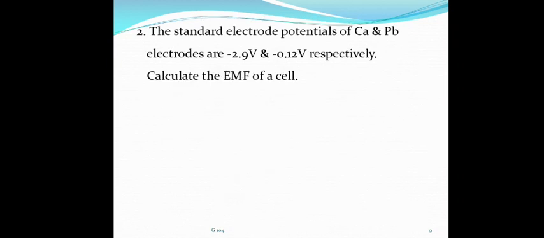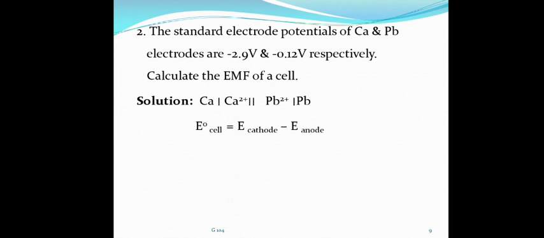Standard electrode potentials are given again. The same thing. Calcium and lead are given. Calcium is minus 2.9 and lead is minus 0.12. Which one acts as anode? Obviously minus 2.9 is the least, so that one acts as anode, and minus 0.12, that is lead, acts as cathode. Calculate the EMF of the cell. E cell is equal to E cathode minus E anode.